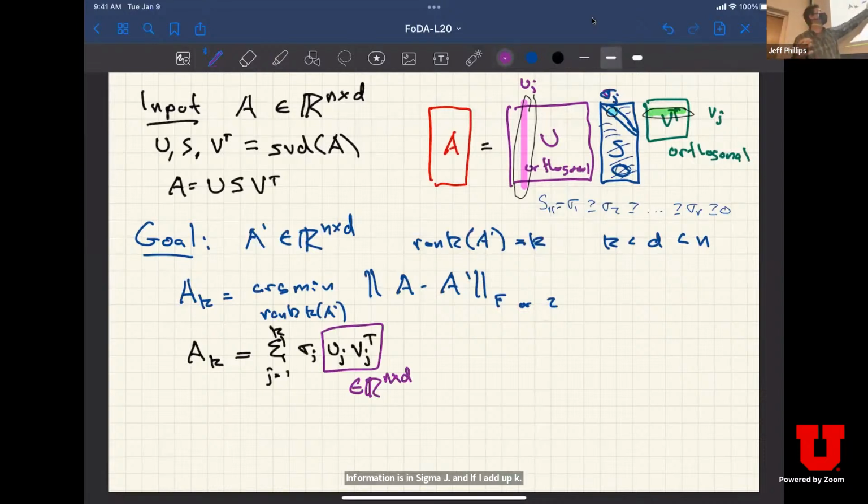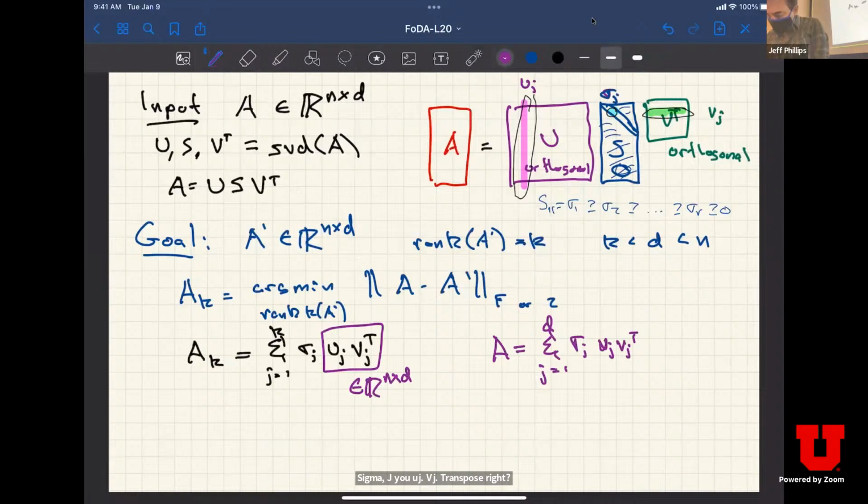What this has done is I'm choosing the most important ones, the ones with the largest sigma_j. Those are going to have the largest contribution. If I used all of them, if I summed up to d, I'm going to recover A. So A I can write as the sum from j equals 1 up to d of sigma_j u_j v_j transpose.